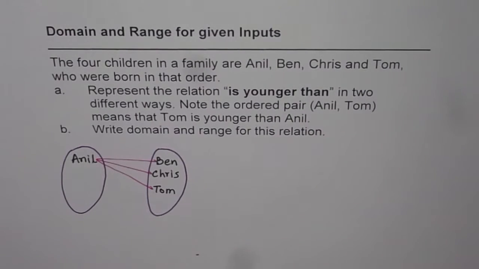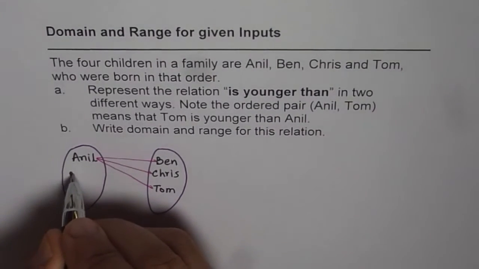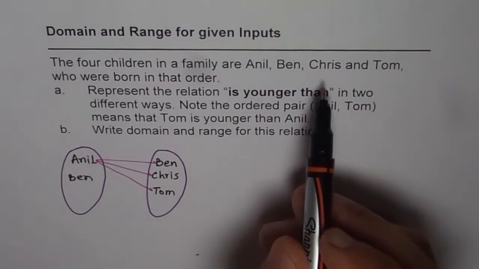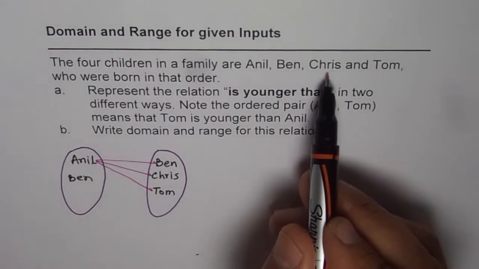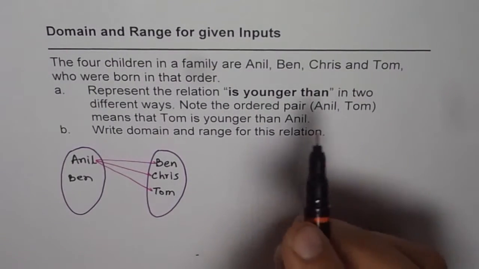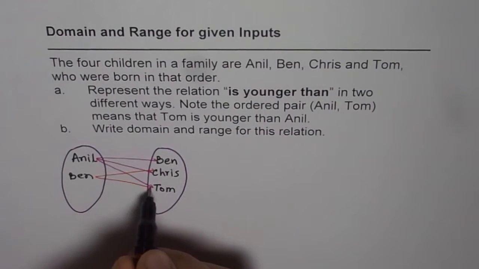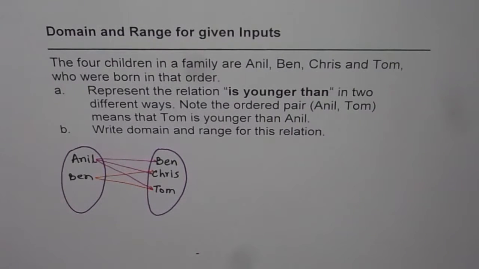Now the next person in the group is Ben. For Ben, who is younger than Ben? We see Chris and Tom are born after Ben, so they are younger than Ben. So we have Chris is younger than Ben and Tom is younger than Ben.